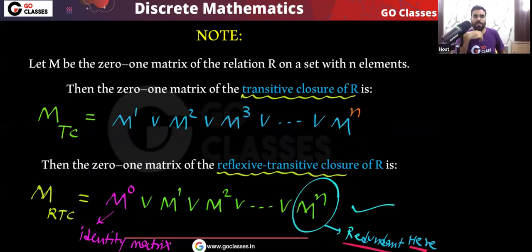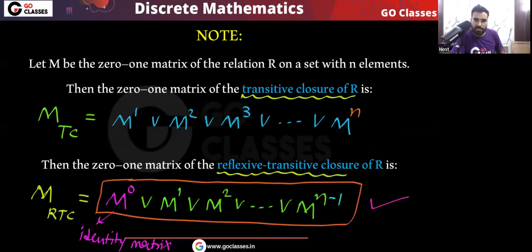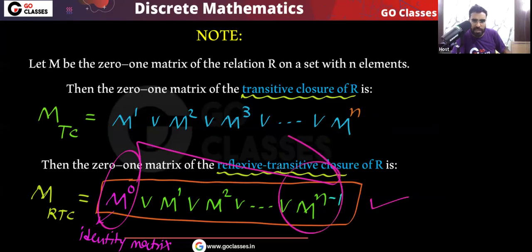That is the reason we can go from m power 0 to m power n minus 1 to find the reflexive transitive closure.